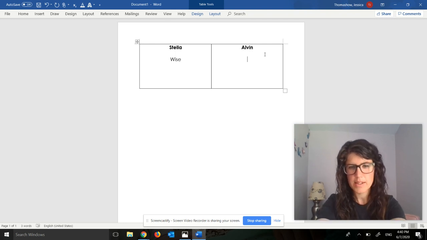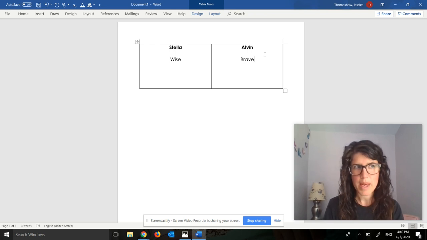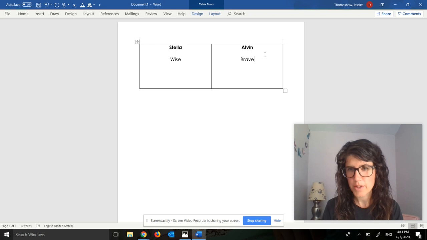I bet if you said, Alvin, what are some of your strengths? I bet he wouldn't say brave right away. And it might be important for him to know that other kids, other people do think that he's brave. That might help him be more brave later on in his life. So I'm going to write the word "brave" for him because I want to help him be even more brave than he needs to be.